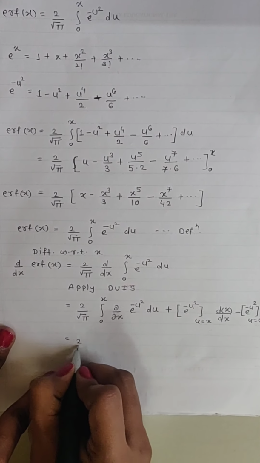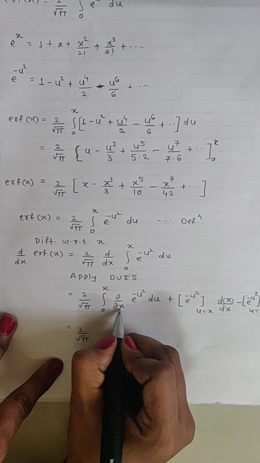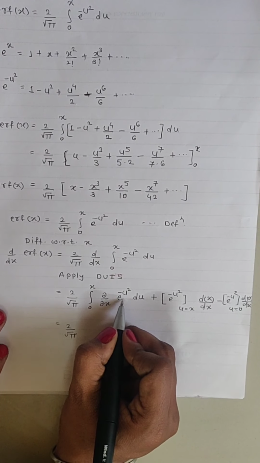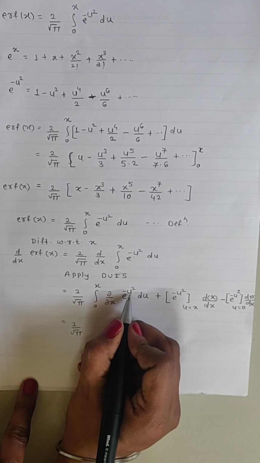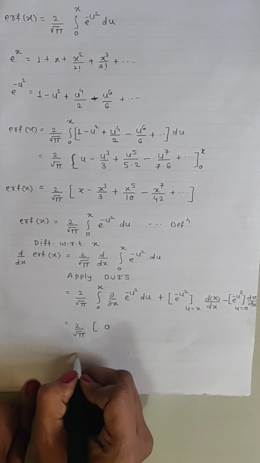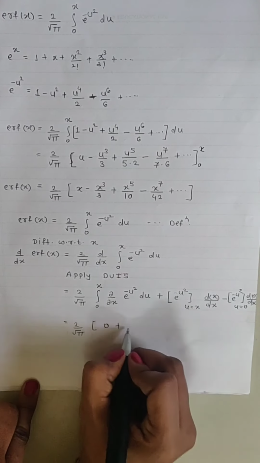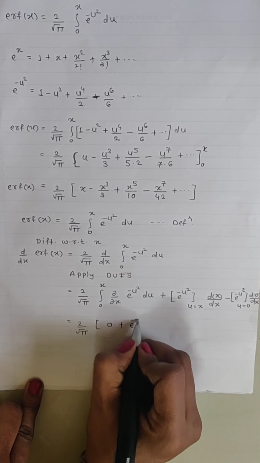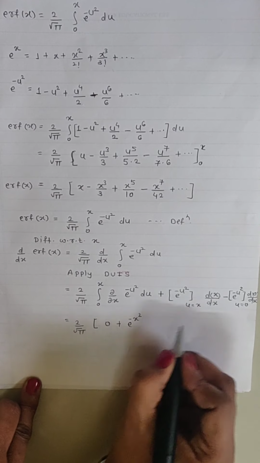So it is 2 upon root pi as it is. Here we differentiate partially with respect to x, but the function is in terms of u, which is treated as constant, so the answer of this derivative is 0. Plus, u is replaced by x, so the answer will be e raised to minus x square, and the derivative of x with respect to x is 1.